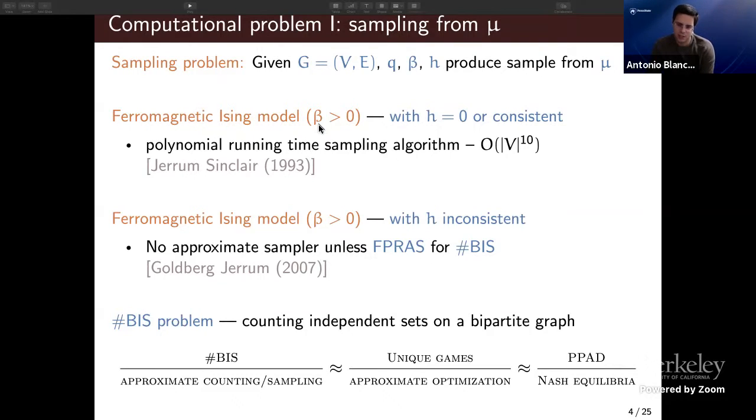The community conjecture is that this is a problem of intermediate complexity that plays a role in approximate counting and sampling akin to the unique games conjecture in approximate optimization problems, or PPAD for the computation of Nash equilibrium.